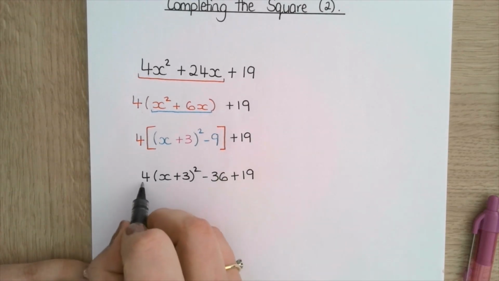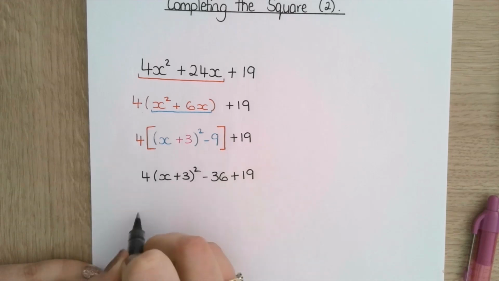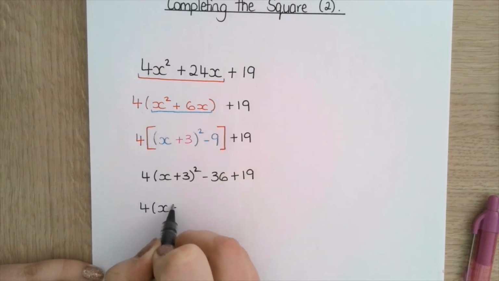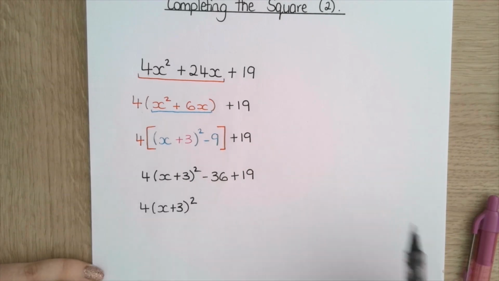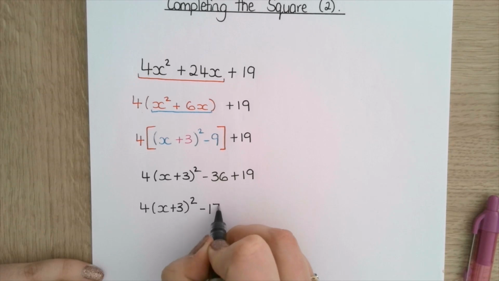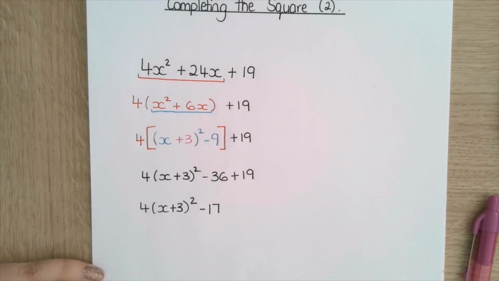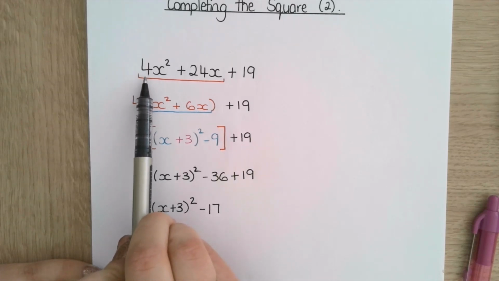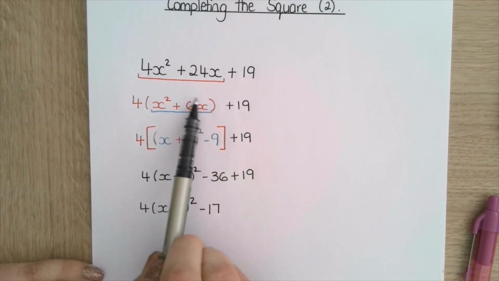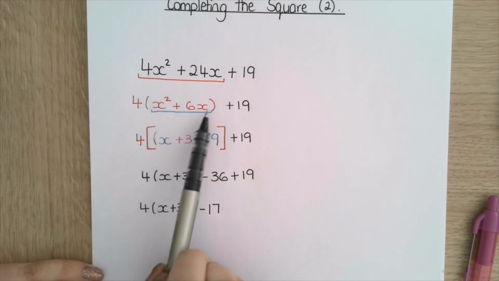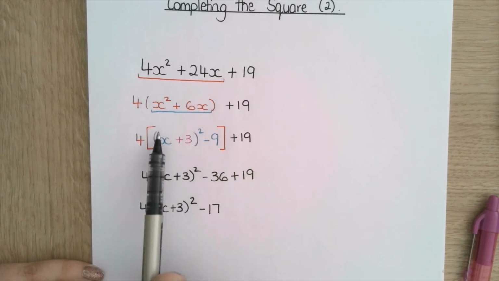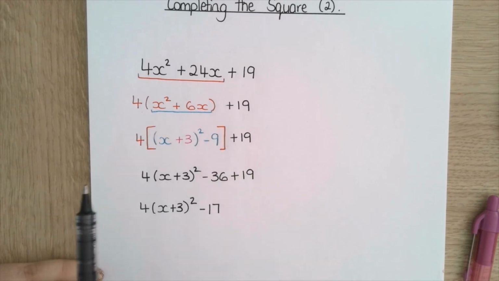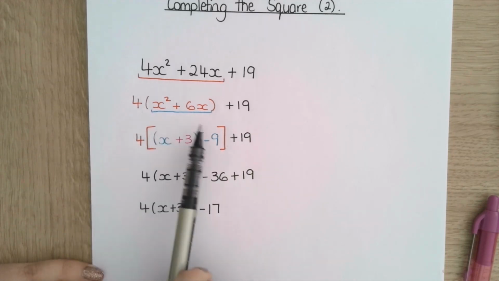So this is going to stay the same, 4 brackets x plus 3 all squared, minus 36 plus 19 is minus 17. And that's it. The hardest part is remembering to take out your coefficient of x squared and then just completing the square inside these brackets and then putting these square brackets round, remembering to multiply both of those terms.